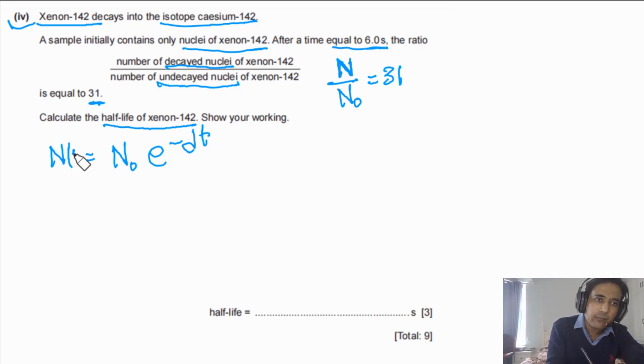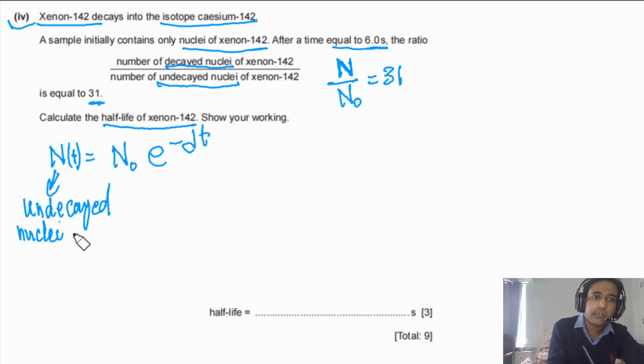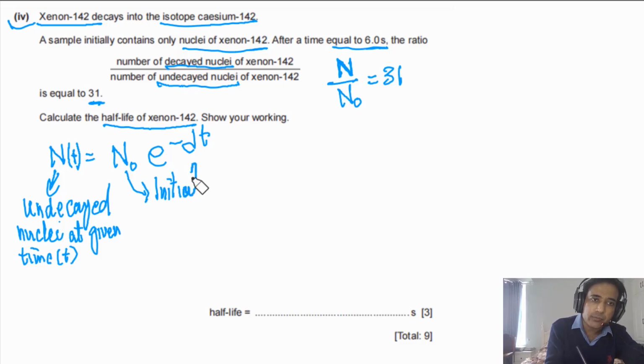This N is a function of time. It gives us the remaining nuclei at any given time, or we can say the number of undecayed nuclei at given time t. T is the given time. And N naught is the initial number of nuclei, meaning the total number of nuclei in the sample.